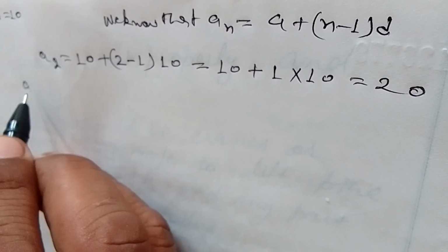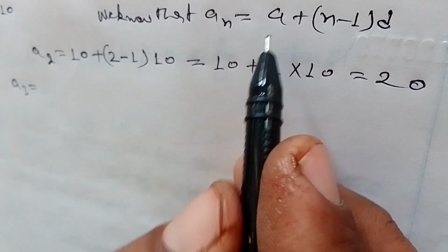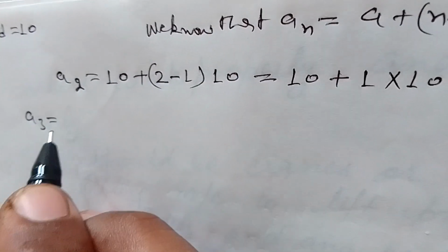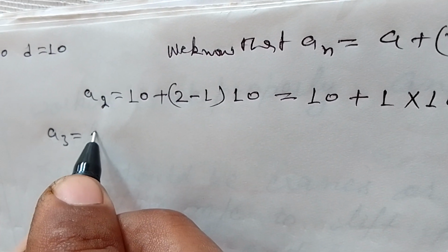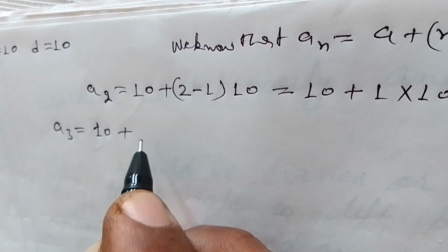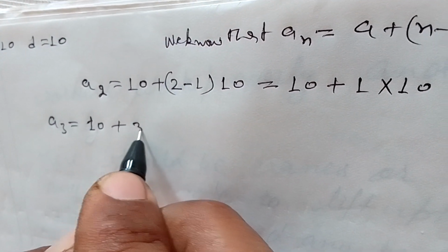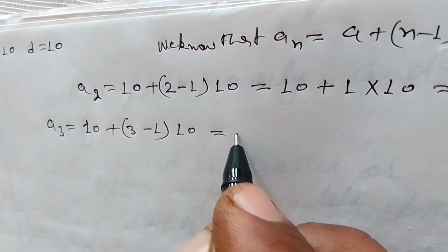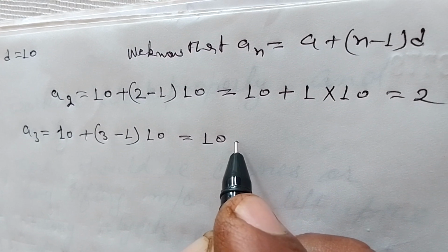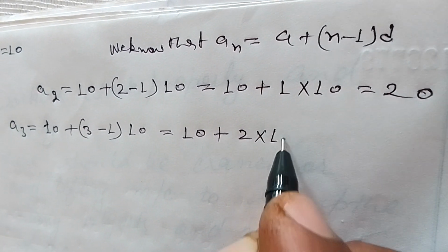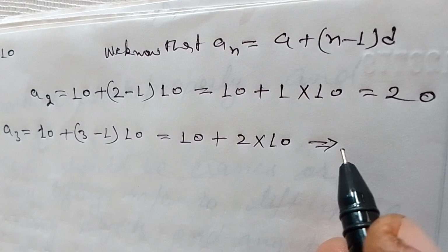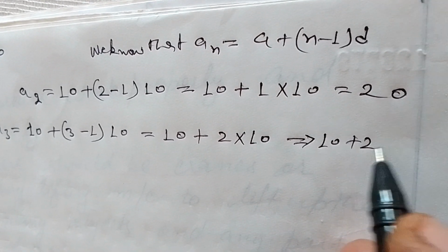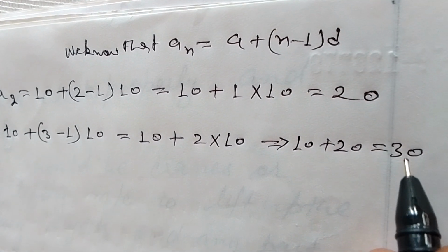Now a3 is 10 plus n, 3 minus 1, multiplied by 10. It comes out to 10 plus 2 multiplied by 10, that comes out to be 10 plus 20, that is equal to 30.